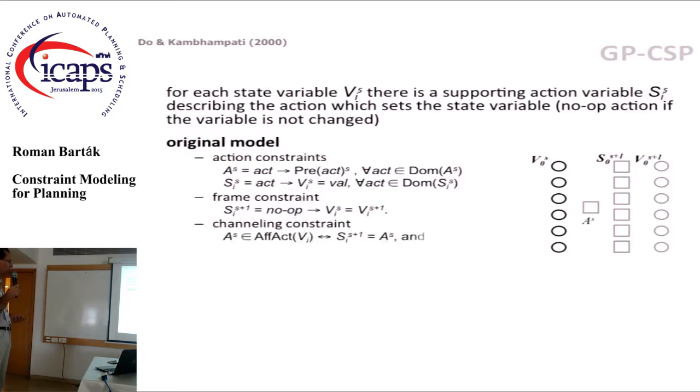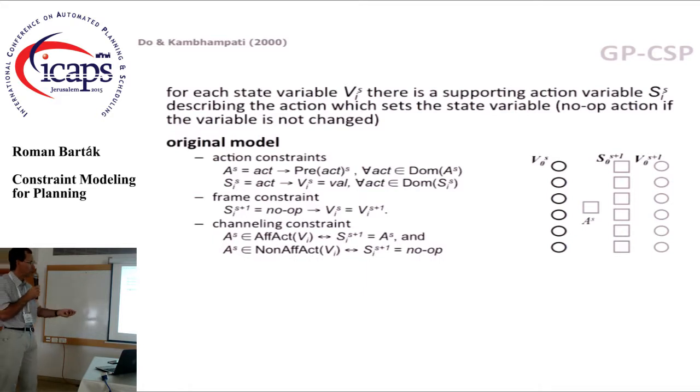Okay, and then we need a set to describe the relation between all these variables and that action variable that is actually selected, which is called a channeling constraint, and it says something like this: if this action is affecting a given variable Vj, then the corresponding S variable must be assigned to that action.